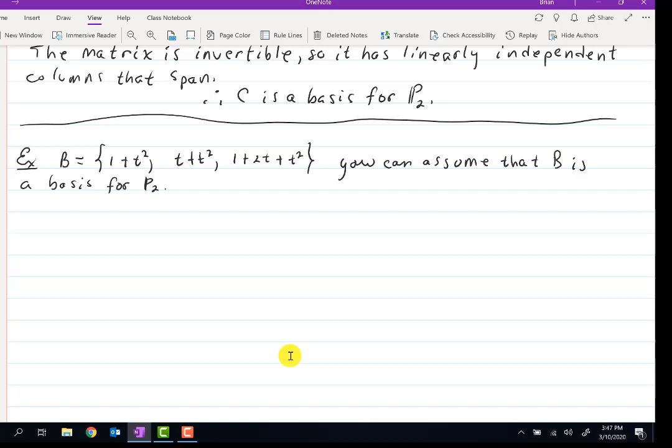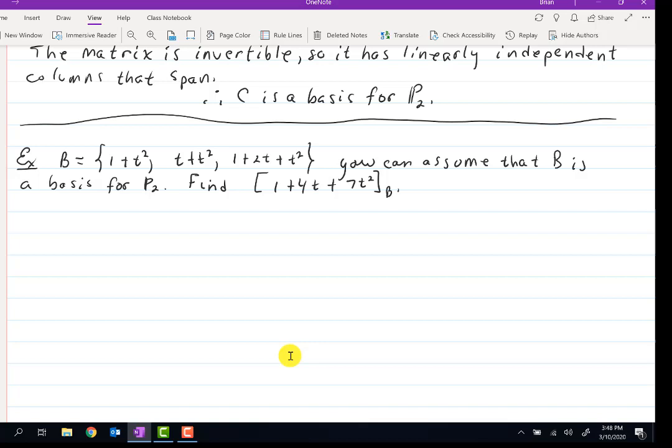You can check it out yourself, convert those to column vectors and see what happens. But the problem at hand is to find the following vector: 1 plus 4t plus 7t squared.